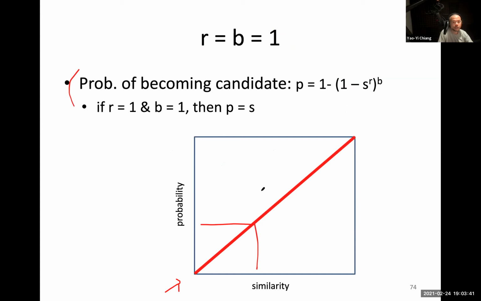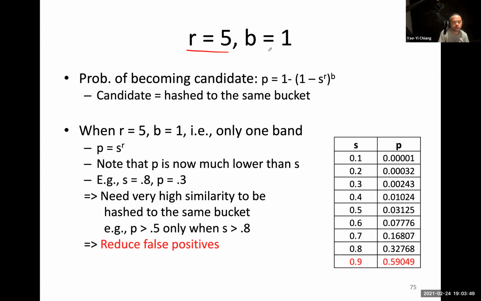So what would be a real scenario? Let's look at R equal to 5, B equal to 1. We already know how to calculate the probability of becoming a candidate and how to generate this table.